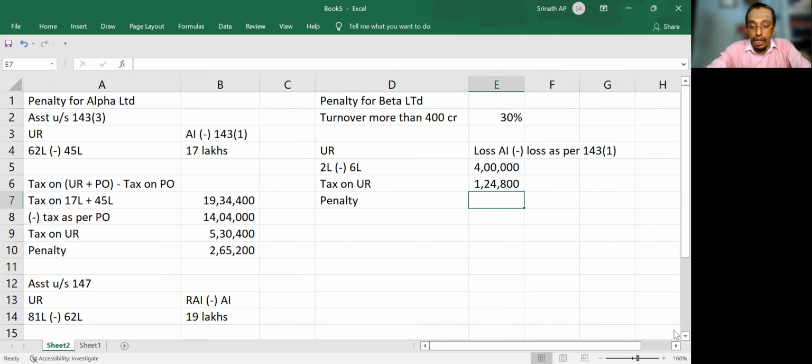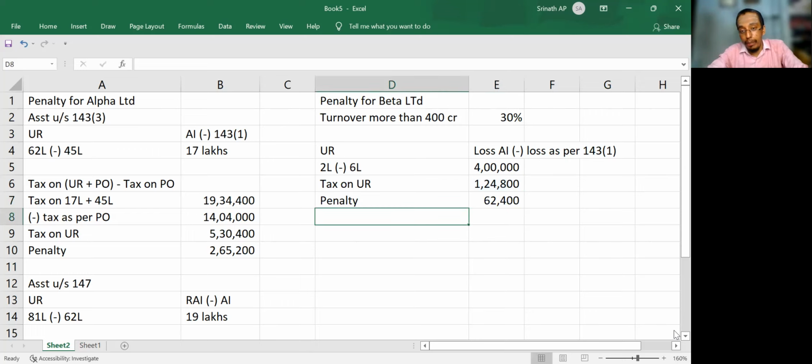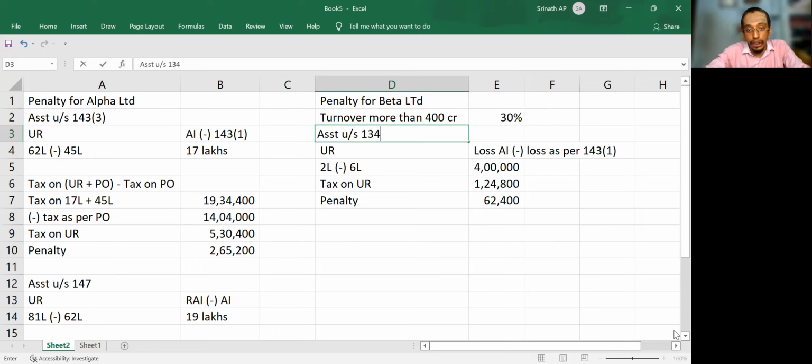Penalty would be 50 percent of 1,24,800, so 62,400 would be the penalty. This is in case of assessment under section 143.